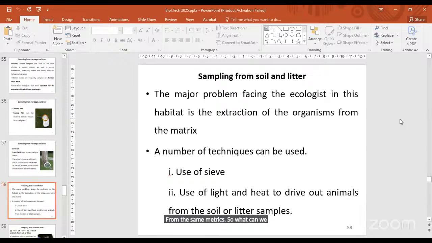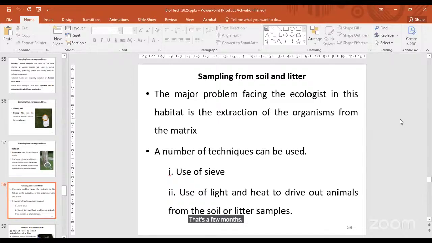Number one, we can simply sieve the soil. We can pass the soil through a sieve, whereby the soil particles are sieved away, and then we have the animals on top of the net. That is one.